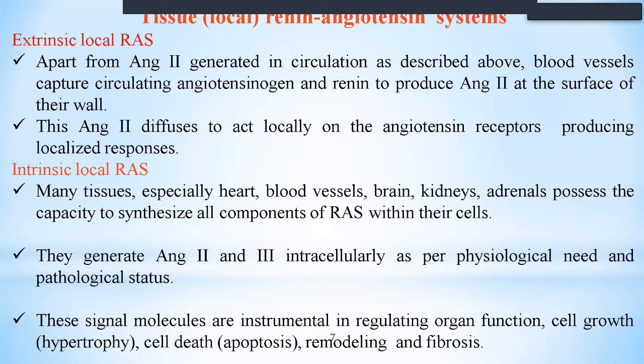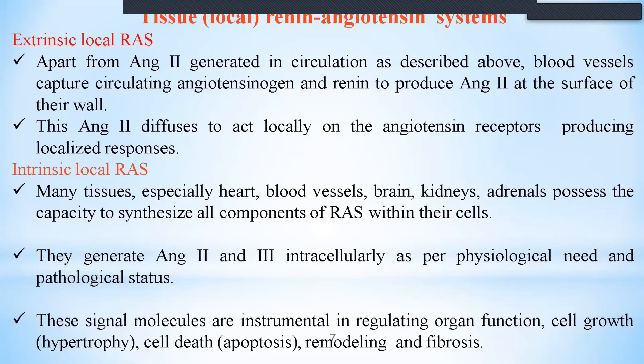So the intrinsic local RAS is mainly found in a variety of tissues, especially the heart, blood vessels, brain, kidneys, and adrenals, which possess the capacity to synthesize all components of the renin-angiotensin system. Of course, their cells also generate angiotensin 1 and 2 intracellularly as per physiological need and pathological status.